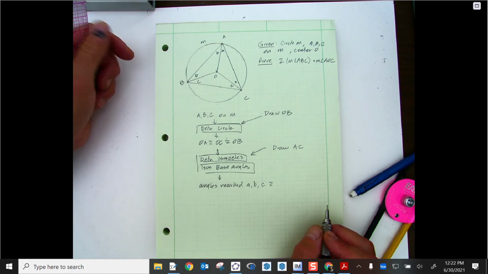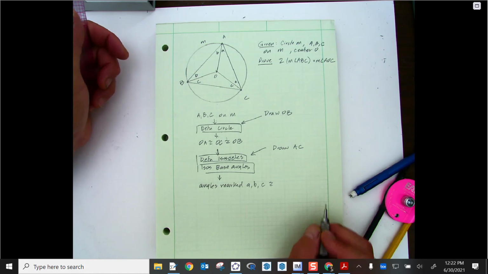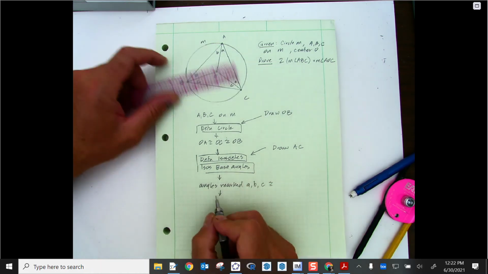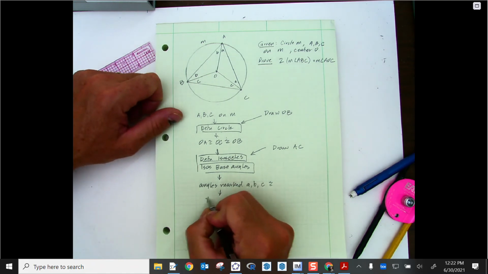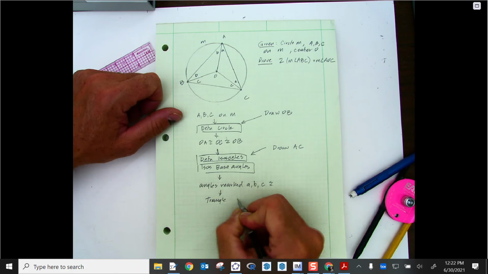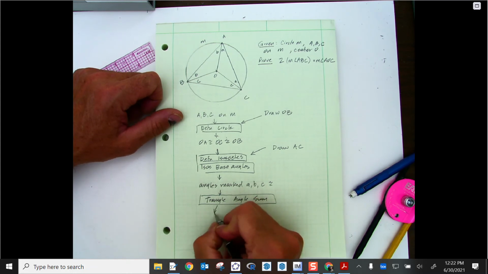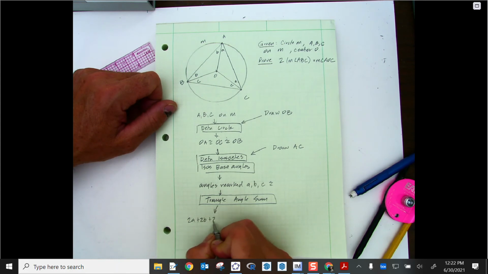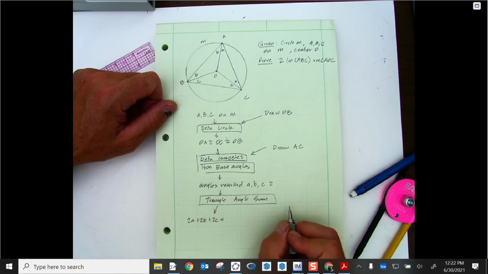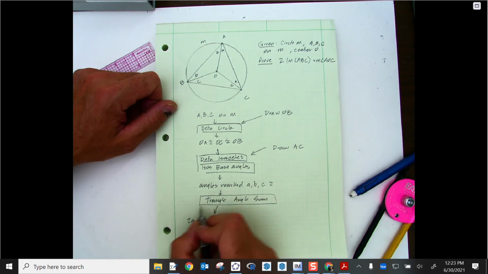And then let's see, we're going to use the triangle angle sum to produce two different equations, right? One of them is this. It's 2a plus 2b plus 2c equal 180. And this is in what triangle? ABC.